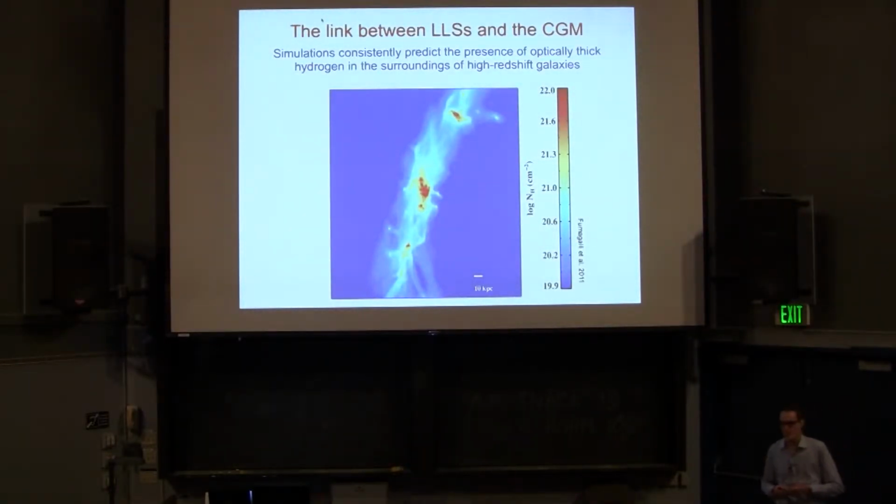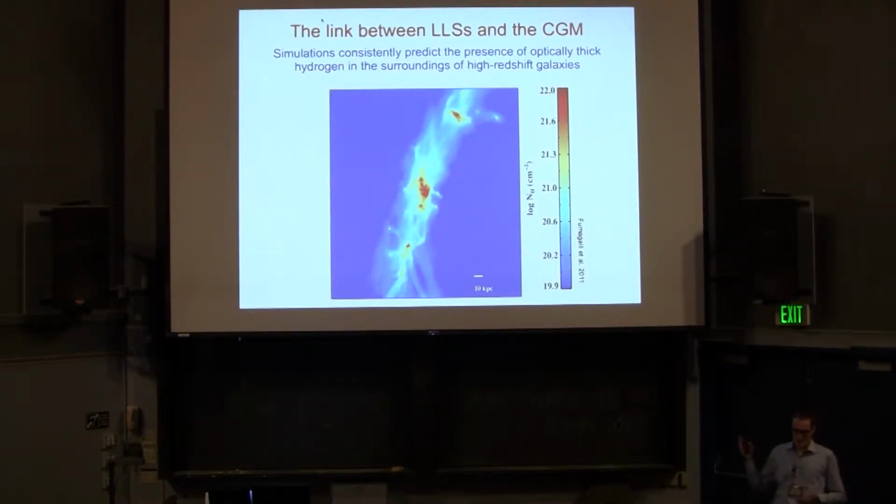Very briefly, just to remind you why we care about Lyman limit systems in the context of understanding the circumgalactic medium of galaxies. I'm sure you have seen pictures like this many times now. This is a hydrodynamic simulation of a galaxy that is forming at redshift 3. The galaxy is here in the center, and as you are all aware, theory is predicting that this galaxy is being fed by cold gas in the form of these narrow filaments.